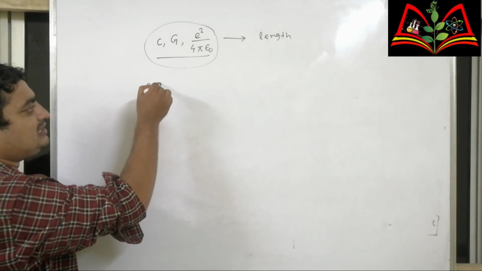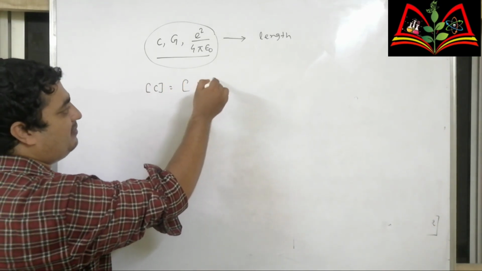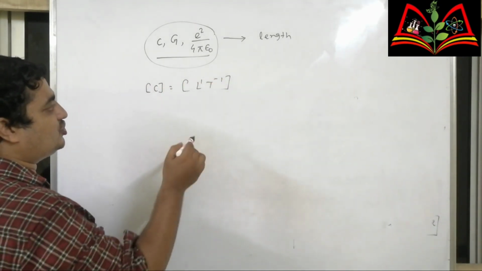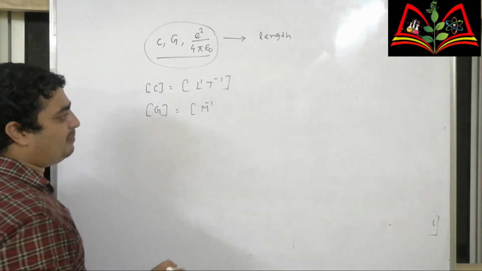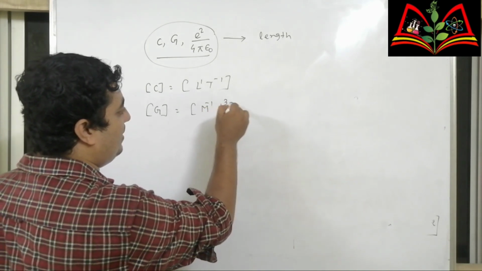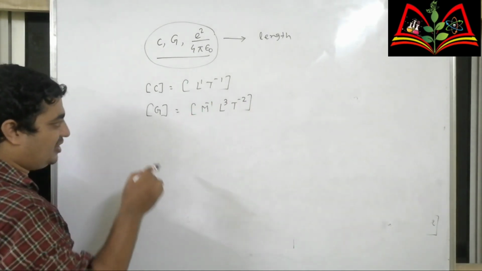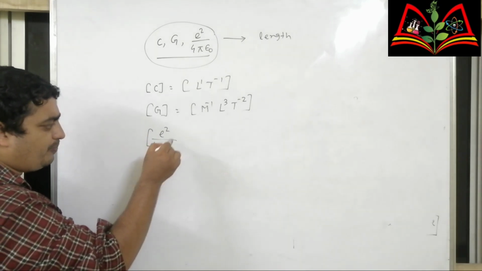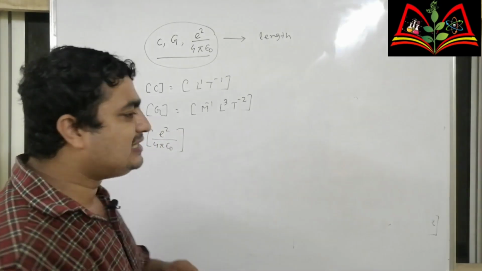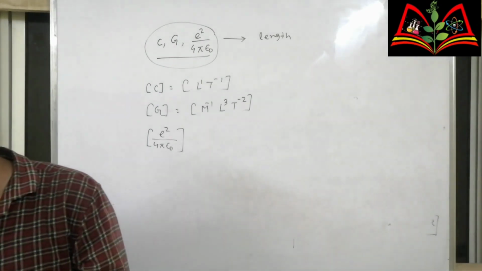So the dimension of C is L to the power 1 T to the power minus 1. Dimension of G is M to the power minus 1 L to the power 3 T to the power minus 2. Now check for this quantity E square by 4 pi epsilon naught. What is the dimension of this quantity?